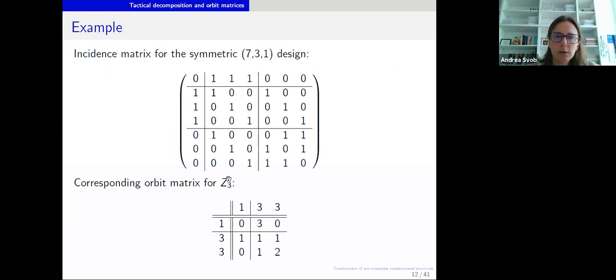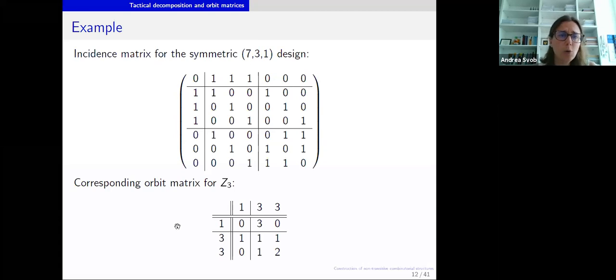If we make a partition of points and blocks, or partition of rows and columns, you can see this partition. So we have 3 orbits on the points and 3 orbits on the blocks. And this is the partition of the points and the partition of the blocks.